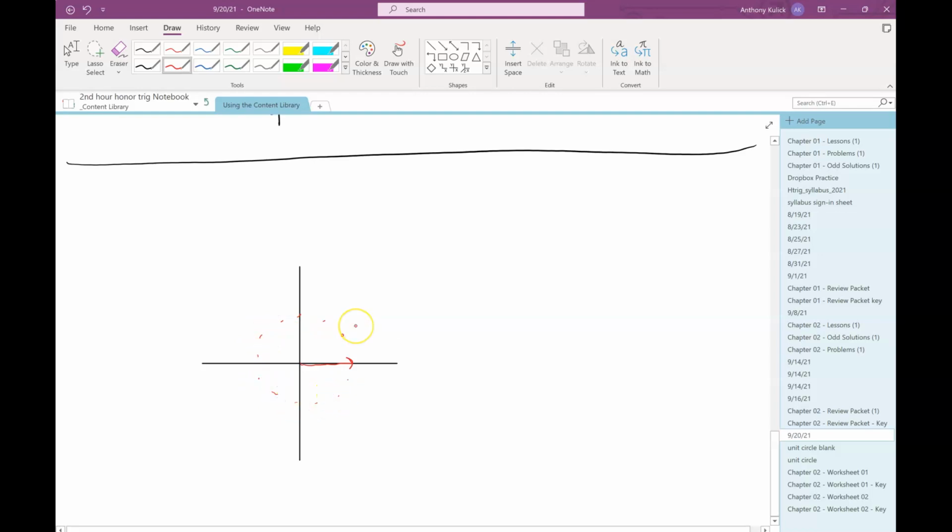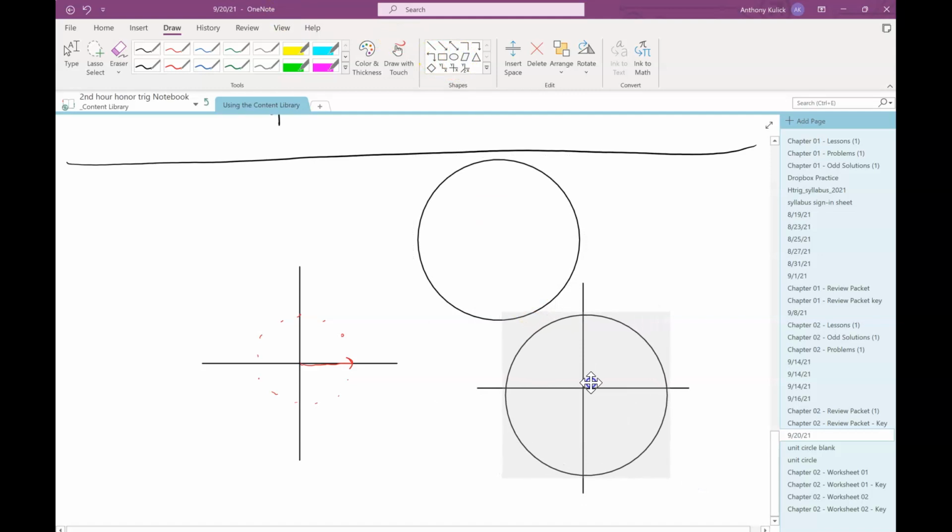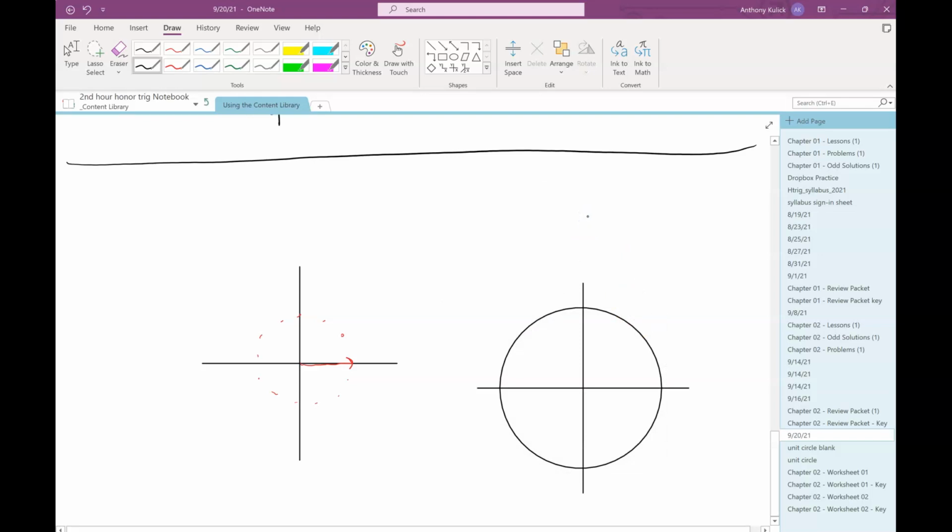It's a circle, right? So we're going to standardize where P is relative to the origin. We're going to make P always 1 unit from the origin.